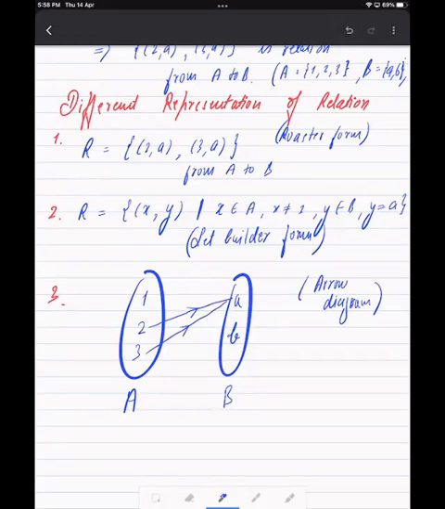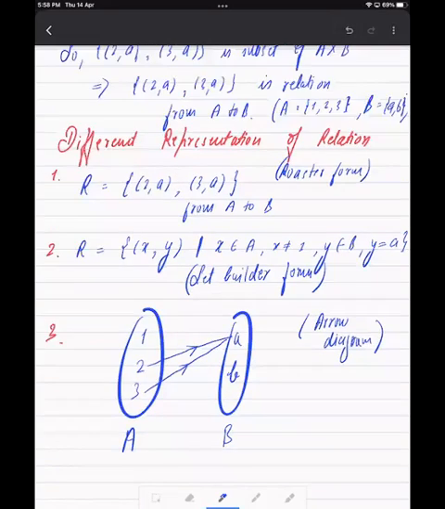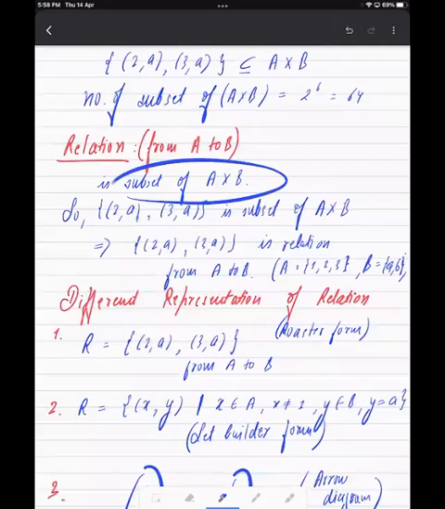Again, I'm saying a different representation doesn't change the actual definition of the relation. Actual definition of the relation, you always have to remember, is a subset of A cross B. When we go toward the end of the chapter, most of the students actually forget what a relation was. Please don't do that.